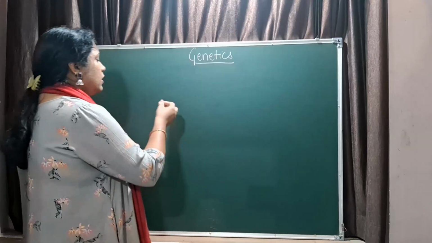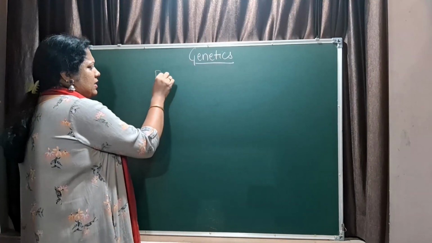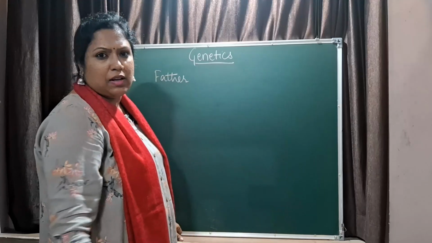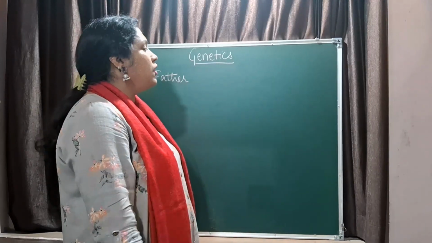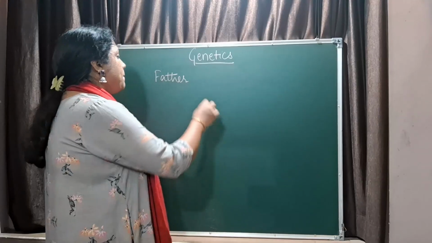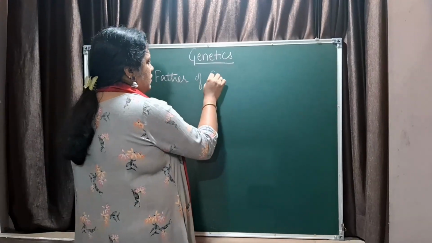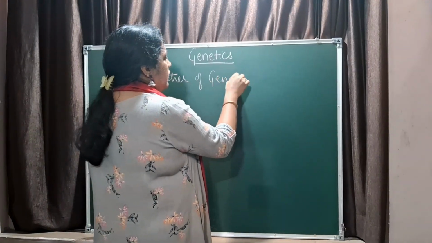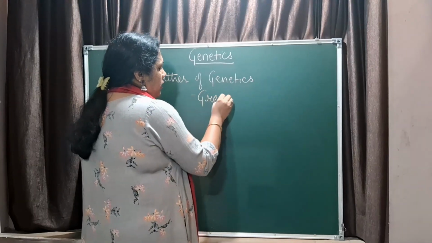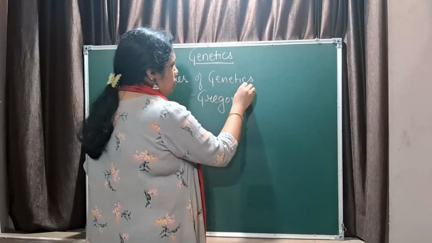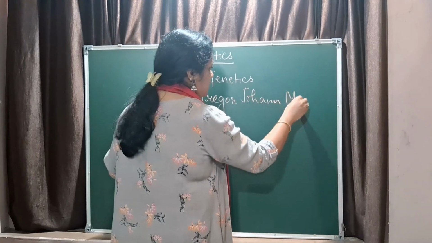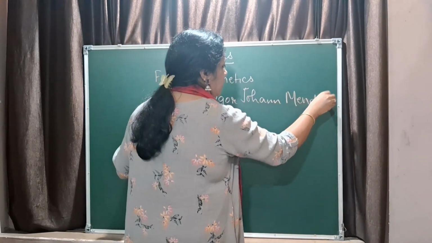Now, the other question that is asked, none of the scientists are generally asked except for Charles Darwin, Lamarck, and here we talk about the father of genetics, that is Mendel. Gregor Johann Mendel, please know the full name, Gregor Johann, not John, and it's Mendel, not Mundell.